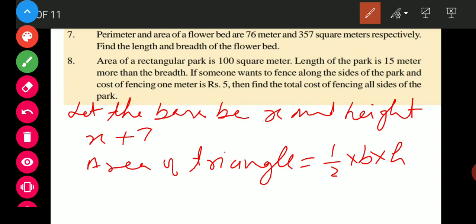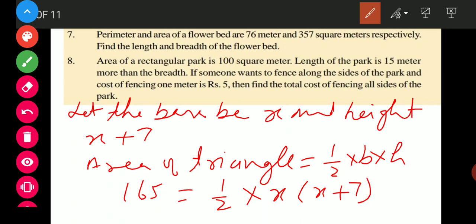Area of triangle is given as 165, and half of base, that is x, and height is x plus 7.